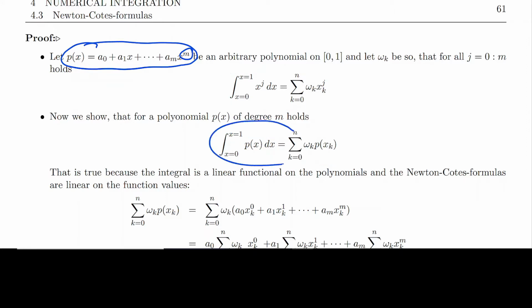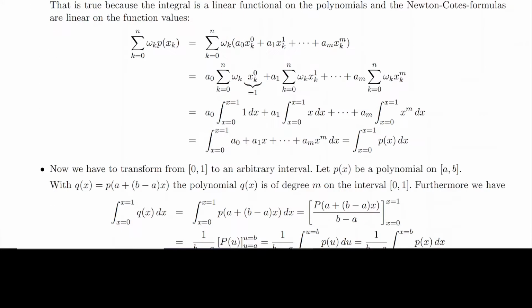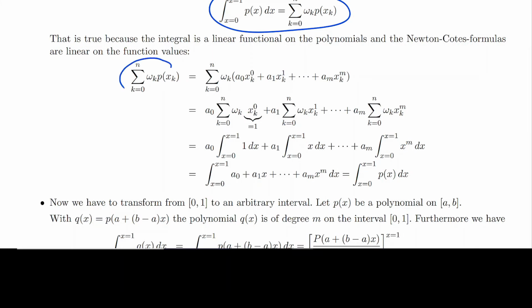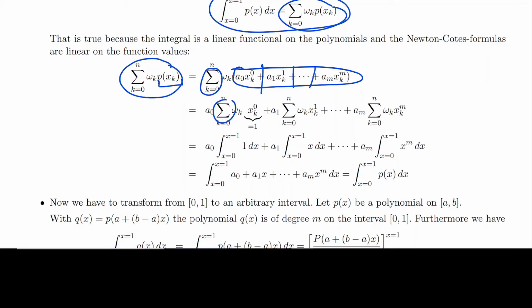So why is that true? Let's start with this sum here. And instead of p of xk, we can also write that, because that is the polynomial p at the position xk. And when we have that, then we can split this sum, so we have a lot of sums. And we can reformulate.